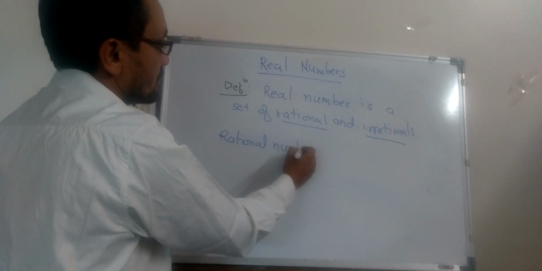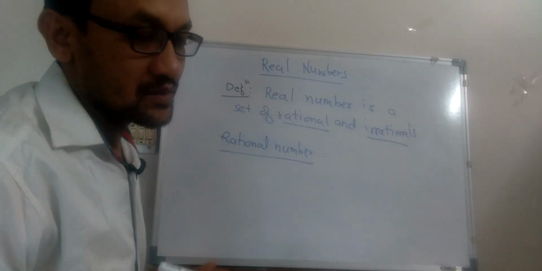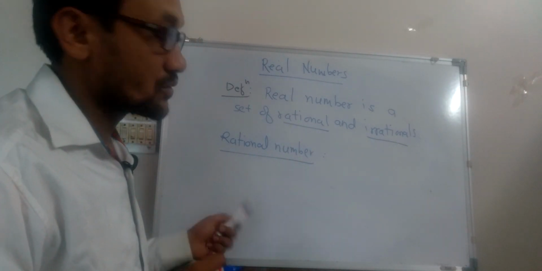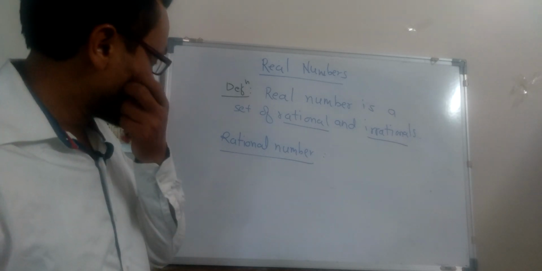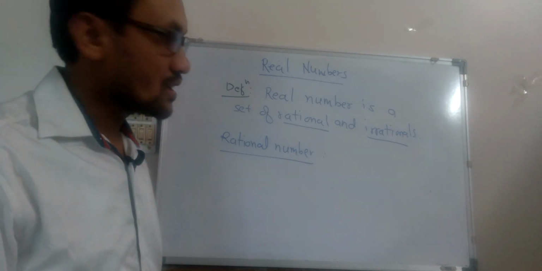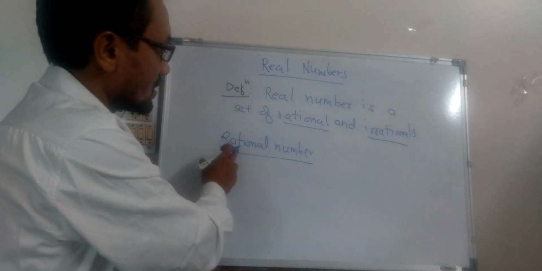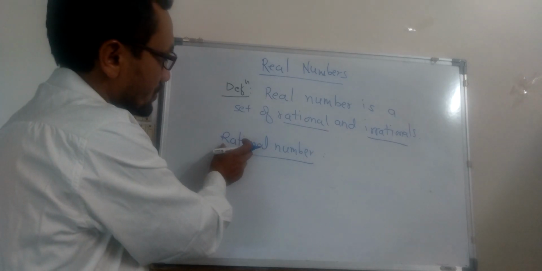What do you mean by a rational number? In this topic we also see some examples based on rational numbers. So we have to show some kinds of numbers which are rationals. What is the definition of a rational number? The word rational is a mixture of ratio and nulls.